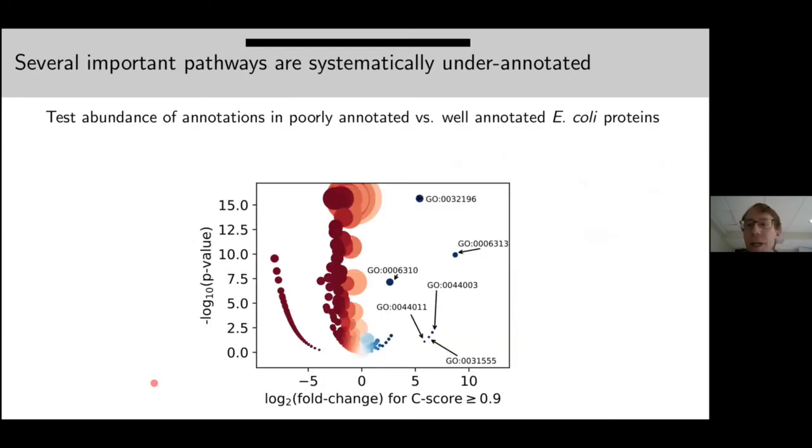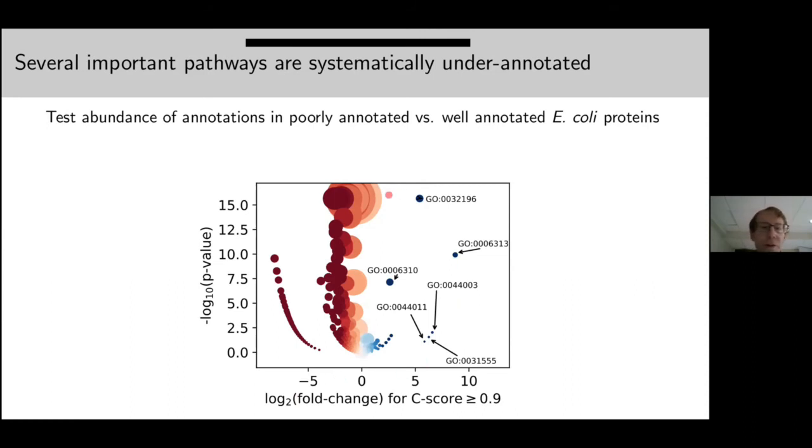And so then we were really interested in looking at what classes of function were specifically enriched among the currently poorly annotated proteins. In essence, we want to know what we're missing from current functional databases. What we do here in this volcano plot is we test the abundance of different gene ontology terms, or GO terms, which define protein function, among poorly annotated versus well-annotated proteins.